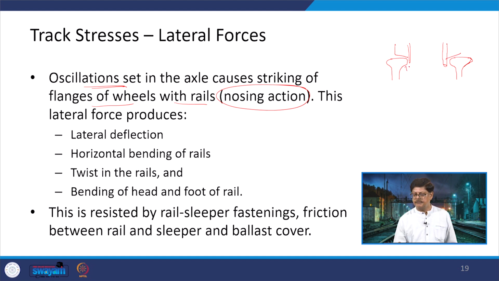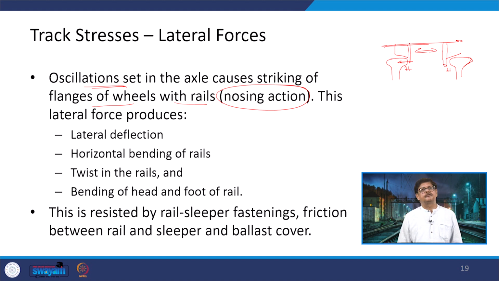So, there is always a gap, a clearance, with respect to the rail head. Now, if there is a movement of this system either way, maybe the left or the right, then this flange is going to hit on the side of this rail head. So, this is another issue.